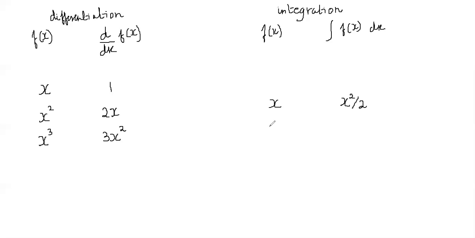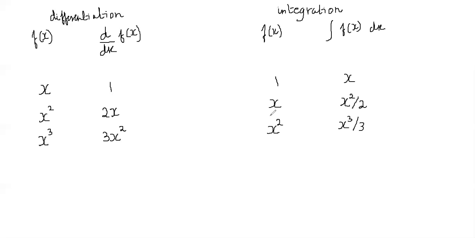In the same fashion, if we have x square, the power will increase by 1, that is x cube divided by the power 3. So in integration the value is going to increase and in differentiation the value is going to decrease. What happens if we have a constant? If we have a constant of 1, the value should be increased, so it is x.